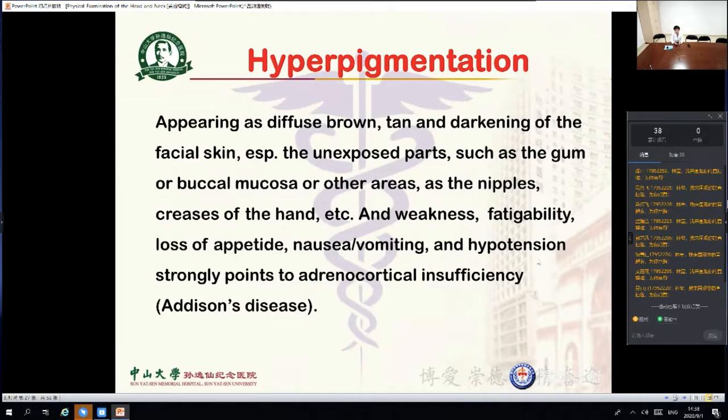This strongly points to the adrenocortical insufficiency, 肾上腺皮质功能不全. We have a name for this disease, the Addison's disease.